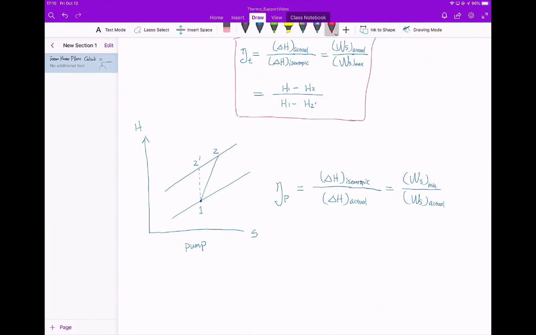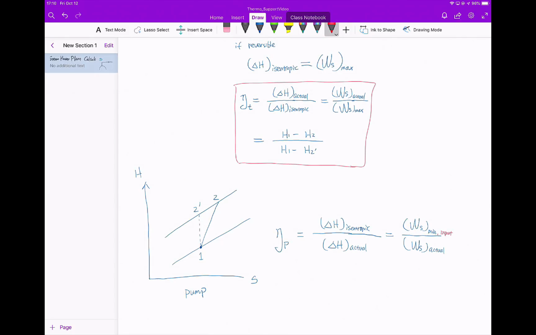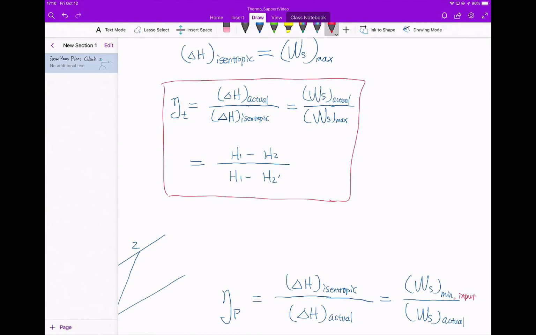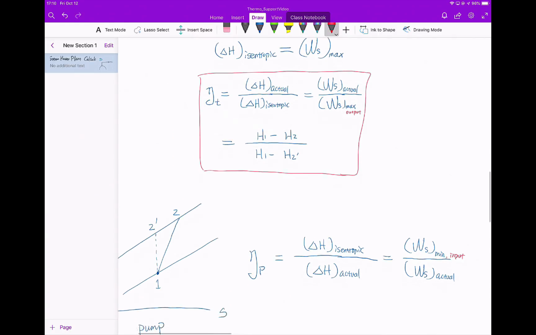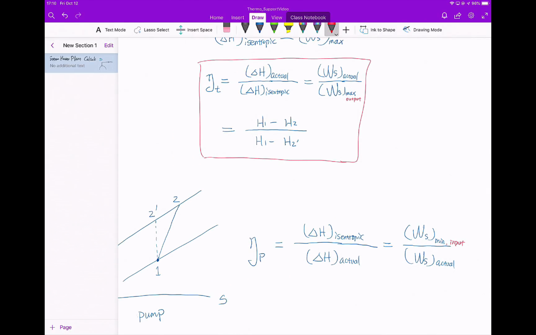So the key is input, whereas for the turbine we are interested in output. This is why we define the efficiency like that. Hope it's making sense. P is not the pressure, P is pump. T is not temperature, T is turbine.